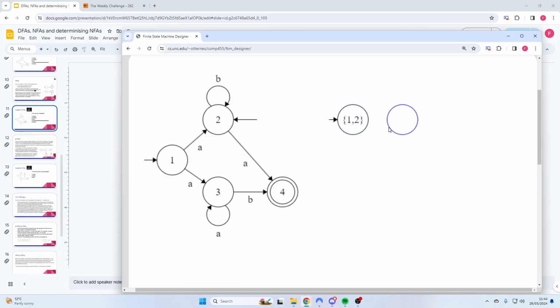So if we're at 1 or 2 and we consume A, we're going to be at 2, 3, or 4. Okay. What about if we're at 1 or 2, our start states, and we consume B, where could we be? What do you think for B?